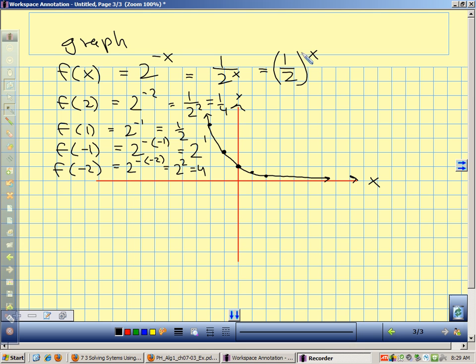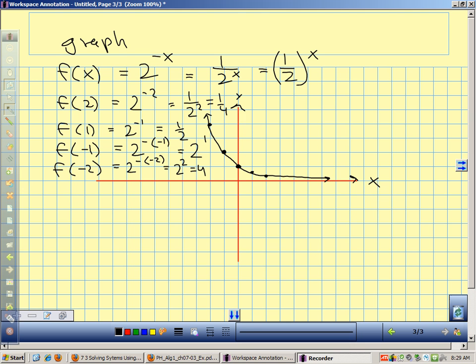So when I have a fraction as my base, or when I have a negative exponent, I have a function that's always decreasing. Y equals 0 is an asymptote. It never gets down to 0, and it takes on every value between 0 and infinity. It's going to always decrease and approach 0 as x gets very big.